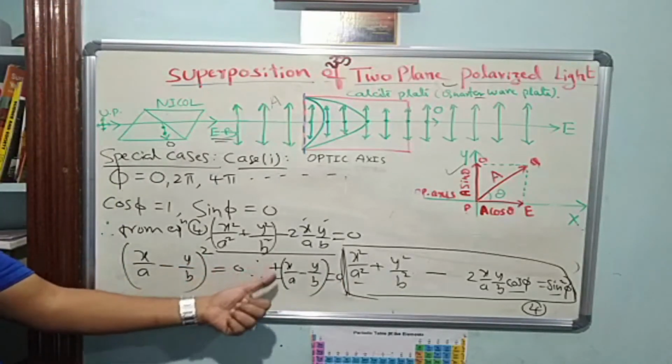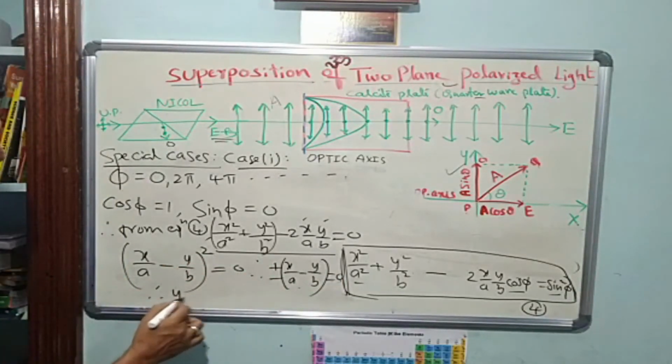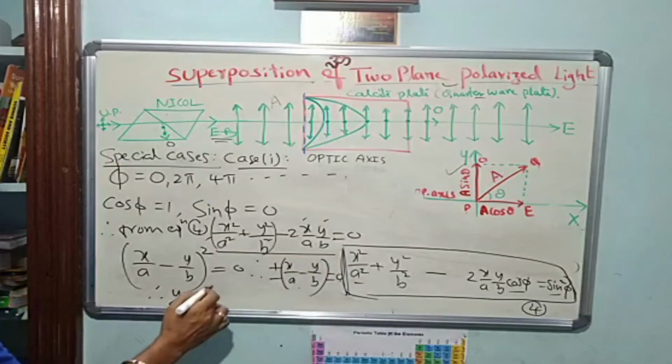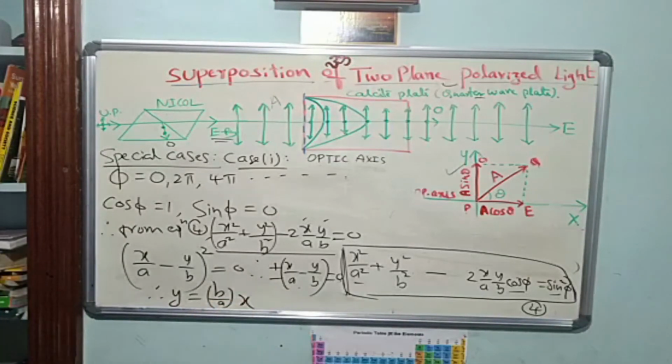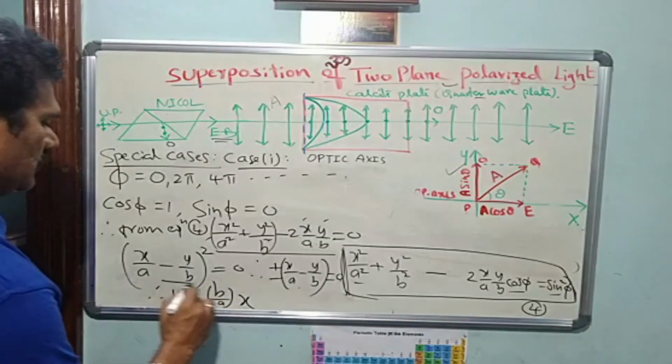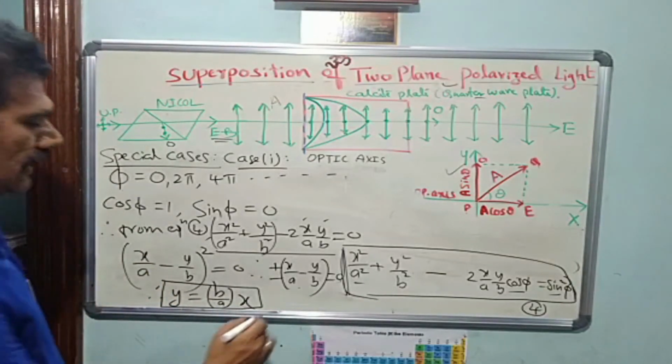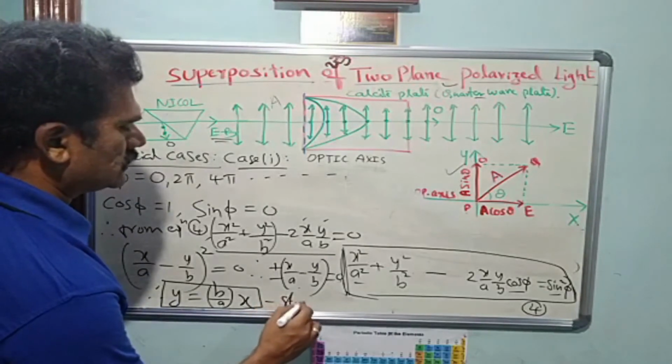By taking y by b to the other side, y is equal to b by a into x, right? So y is equal to b by a into x is a standard equation of what? Straight line. Equation of a straight line only.